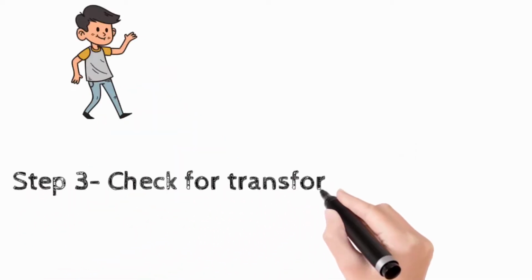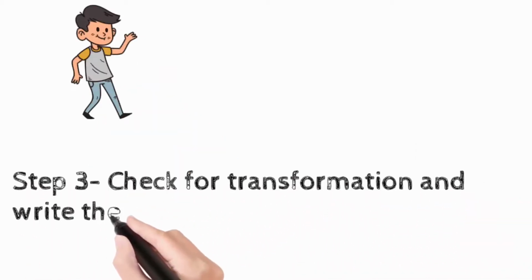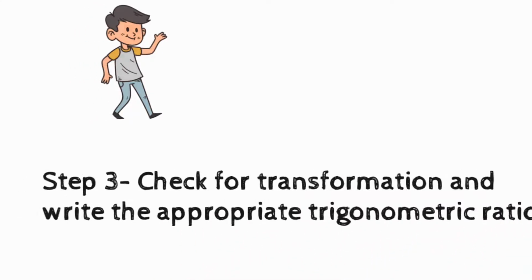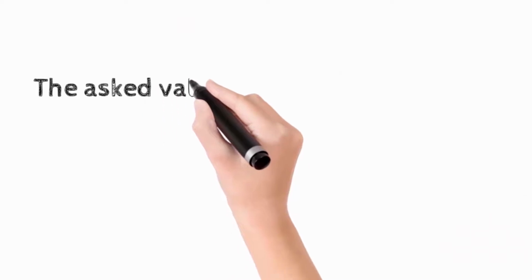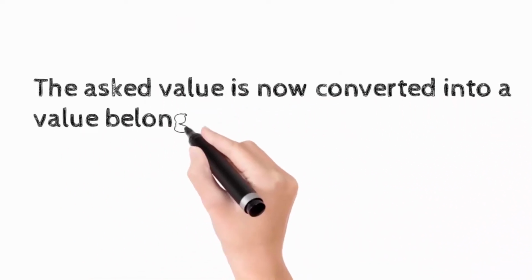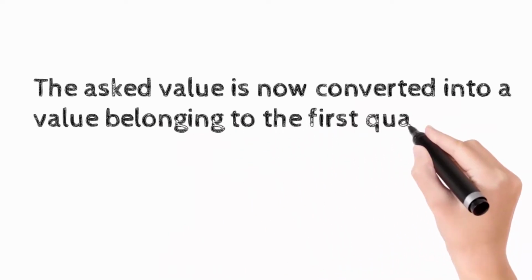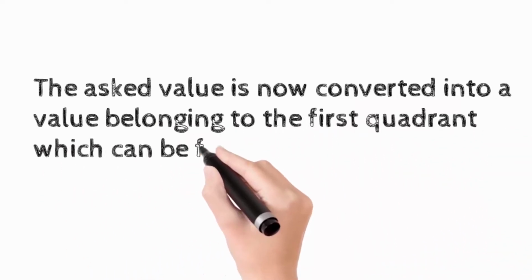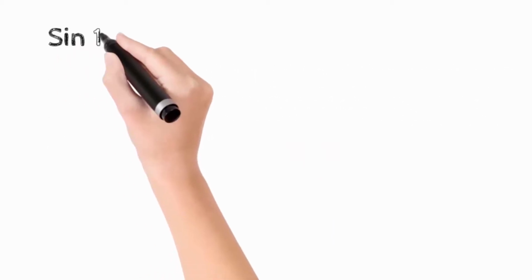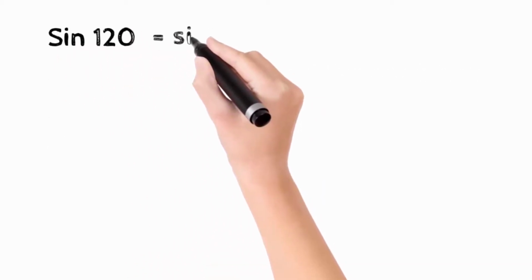The third step is to check whether we have transformation or not. You have to check that with the help of 90 and 270 degrees and write the appropriate trigonometric ratio. This is how the asked value in the second, third and fourth quadrant can be converted into an equivalent value in the first quadrant, which we can solve with the help of the two triangles and the cos 0 and 90 values.